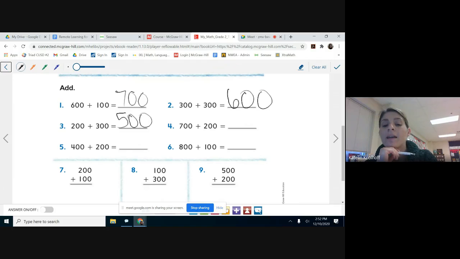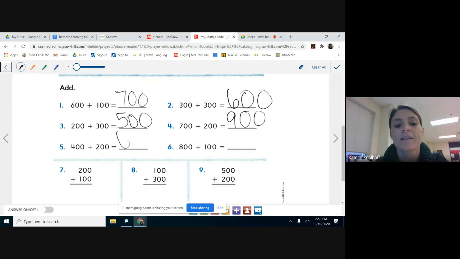Number 4 is 700 plus 200. So we're going to do 7 plus 2, which is 9, and add our 2 zeros. So the answer is 900. Number 5. 400 plus 200. Our fact is 4 plus 2, and 4 plus 2 equals 6.